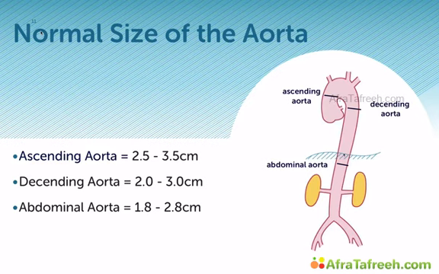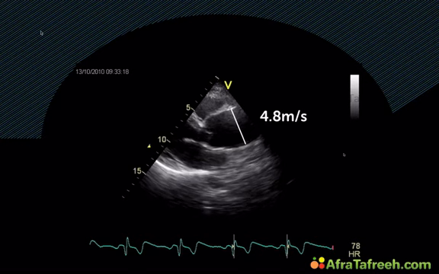So we should expect a diameter of 2.5 to 3.5 centimeters in her, and in her case, it was 4.8. This is not meters per second, obviously, but centimeters. So the diameter was obviously too much. The other thing I want you to take a look at is the shape of the aorta.